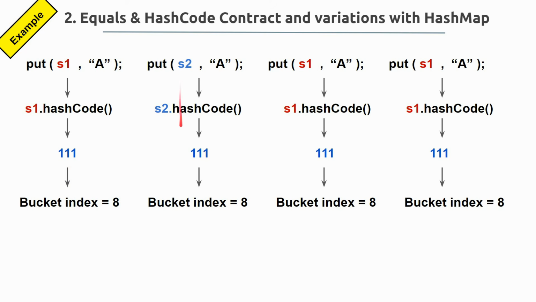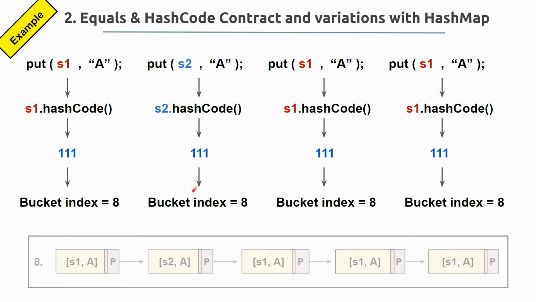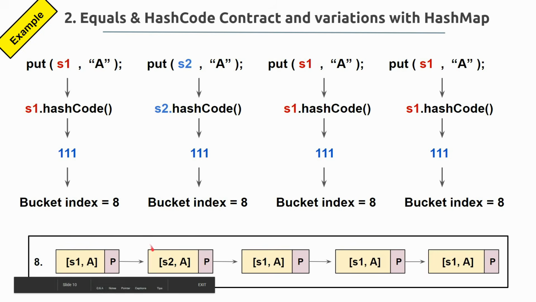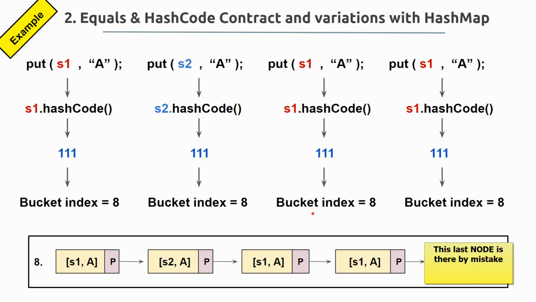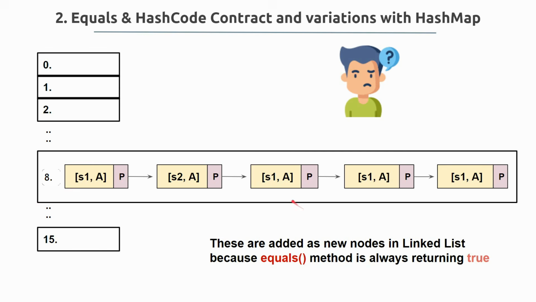Then S2 will also check if the bucket is empty or not. The bucket is not empty, that means it is a hash collision, but our equals method is always returning false. So S2 will be added as a next node, and S1 will again be added as a next node. This way our bucket will look like S1, S2, then again S1, and again S1, added as nodes in a linked list. And this way you can visualize the hashmap.